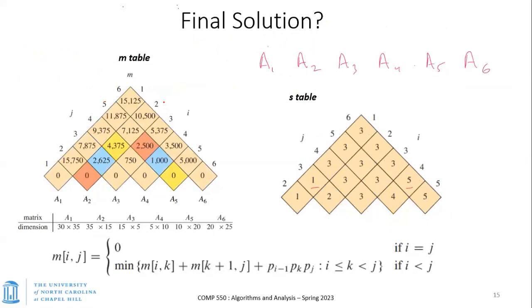Of course, we're not going to go through the calculations here, but the question is, given the M table and the S table, how do you now construct the actual solution?